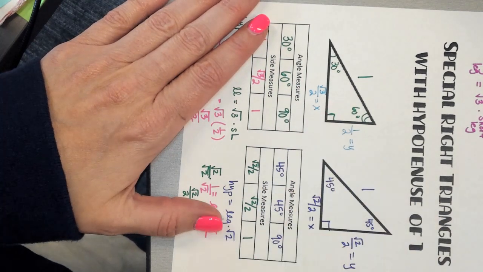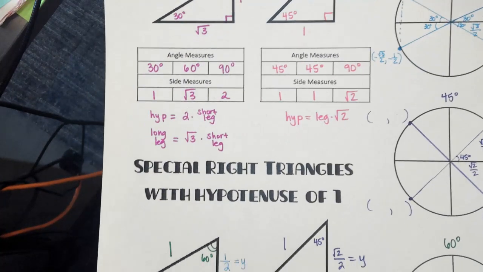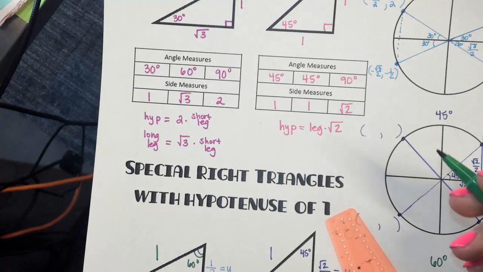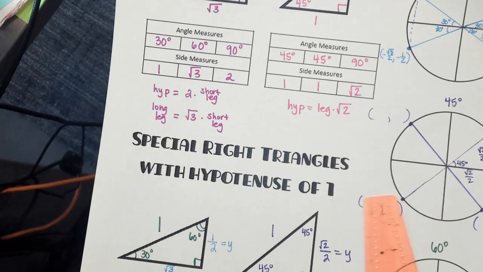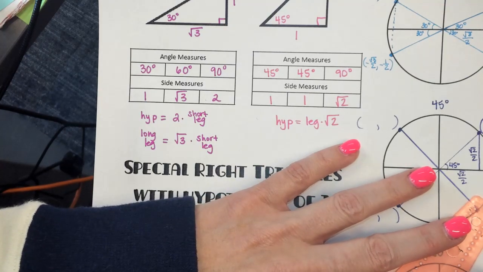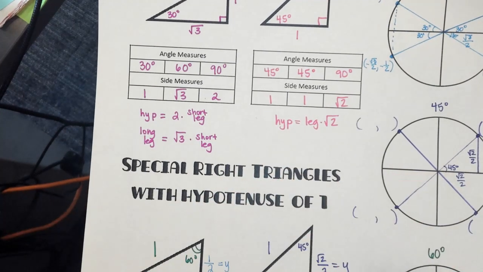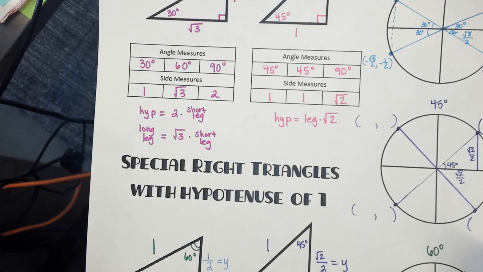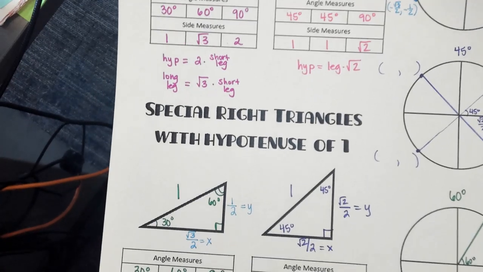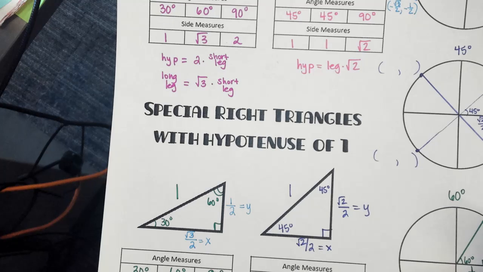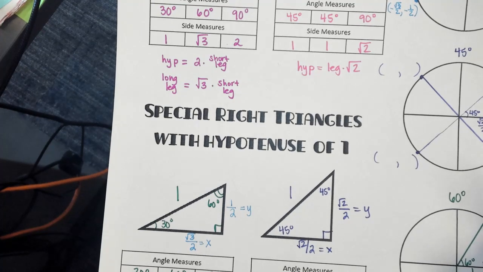So if I were to draw the 60 degree triangle, it honestly doesn't matter which one you do. Okay, if you had 60 degrees here, now your x value would be 1/2, and this would be root 3 over 2. Okay, so it's 1/2, root 3 over 2.